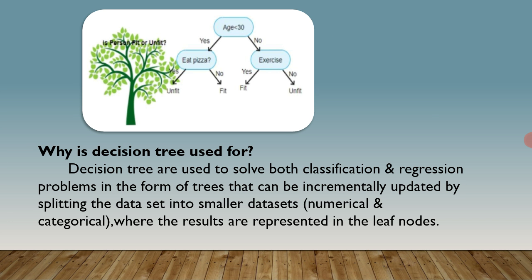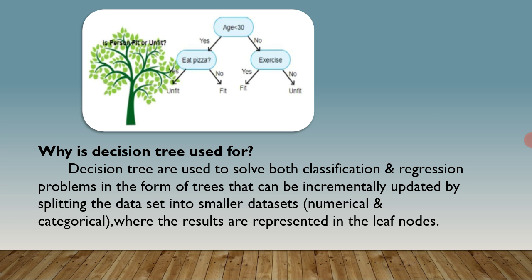Next, what is a decision tree used for? For what purpose do we need decision trees? Decision trees are used to solve both classification and regression problems in the form of trees that can be incrementally updated by splitting the data set into smaller data sets, numerical and categorical, where the results are represented in the leaf nodes.